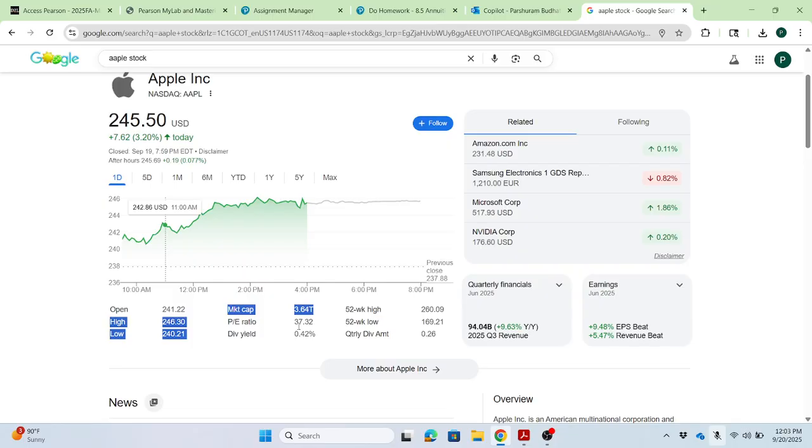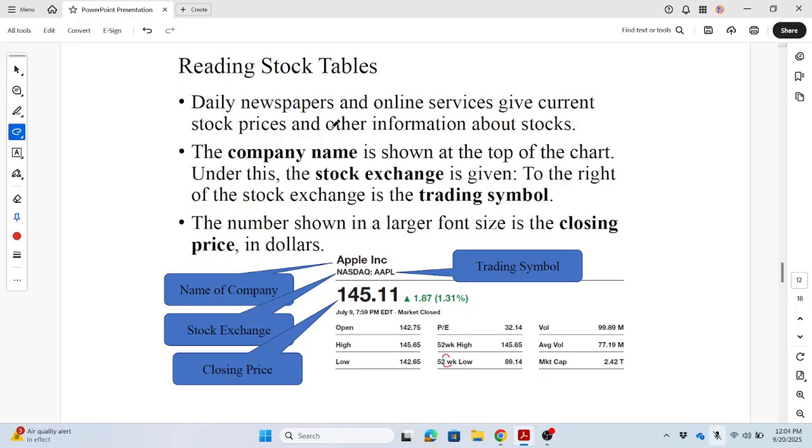In this case, it's 37.32. Earnings means how much money Apple is making. If you divide the price of the stock by how much money Apple is making per share, that ratio is called the P/E ratio. Dividend yield means Apple pays a dividend, which is 0.42%. So those are the information you can find by googling the ticker symbol or company name online.